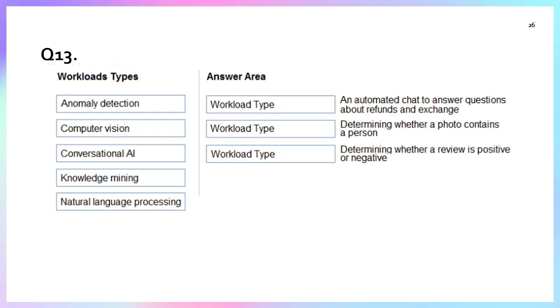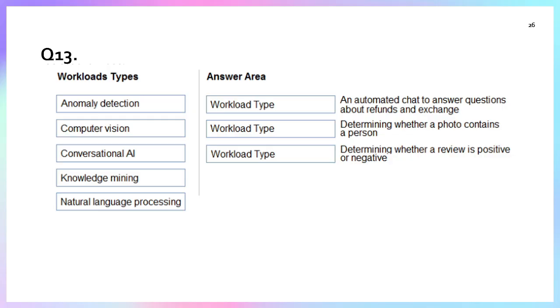Question number 13. Workload type and answer. In this question, on the right hand side, three statements are given, and for that we have five workload types. Which statement will match which workload type? The first statement is an automated chat to answer questions about refunds and exchanges. Is that anomaly detection?